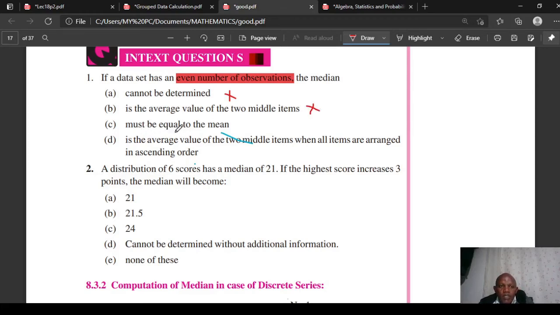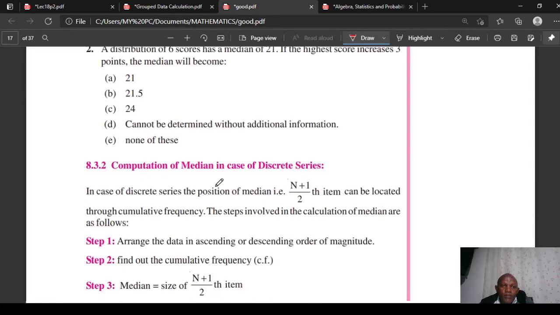They must be equal to the mean. Again, we are also saying this is not true. And the answer that we are looking for is the average of the two middle observations when all the observations or items have been arranged in a descending or ascending order. That's good food for thought.